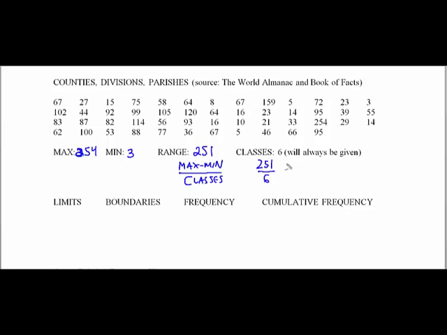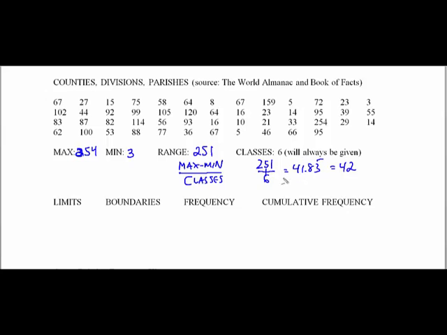So 251 divided by 6 gives me 41.83 repeating, so that's going to give me 42. Now, if you divide these two numbers, let's imagine that 251 was divisible by the denominator. If that was the case, you would get a whole number here. If you find that you're not going to actually encapsulate your last data point, you may have to add 1 to this number here.